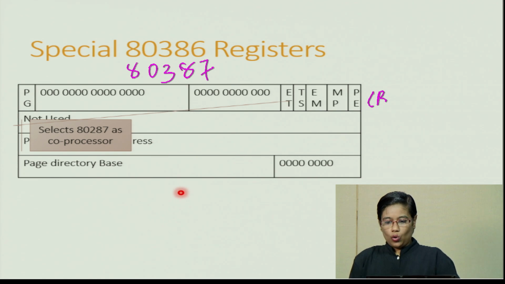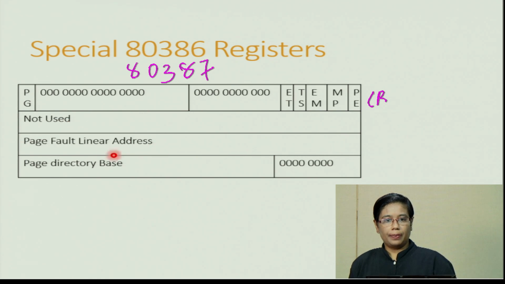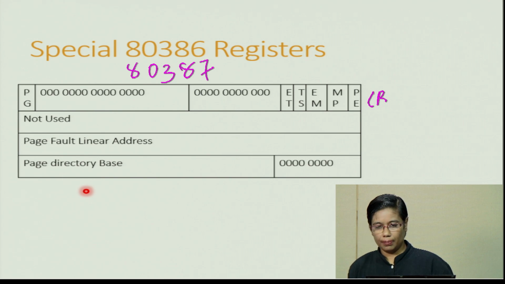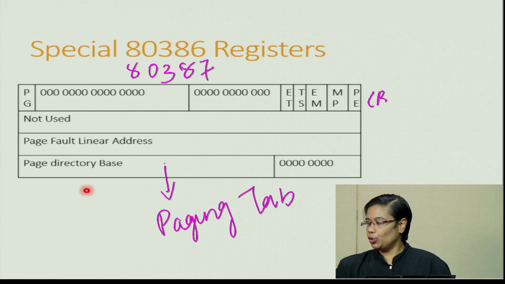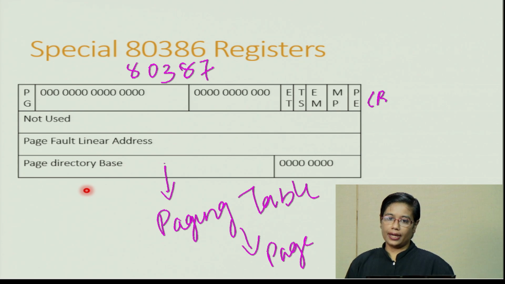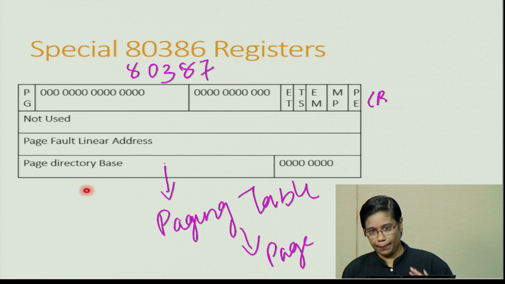Then of course we know the purpose of the page directory base. Other than the 12 bits which are present here, there is the page directory base. This points towards the beginning of the paging table, and the paging table in turn points towards the beginning of the page. This was how paging was implemented.